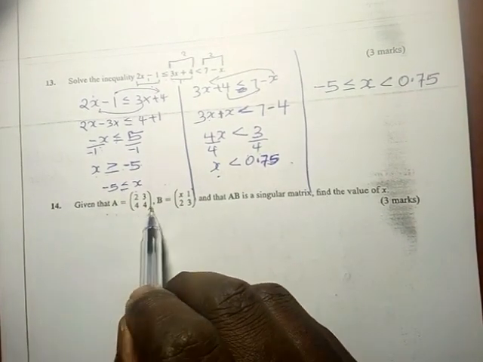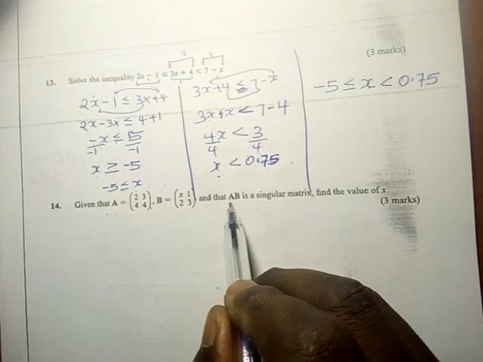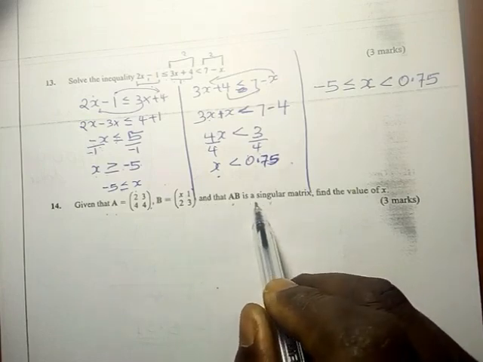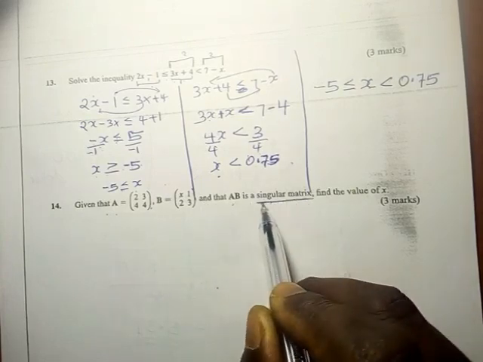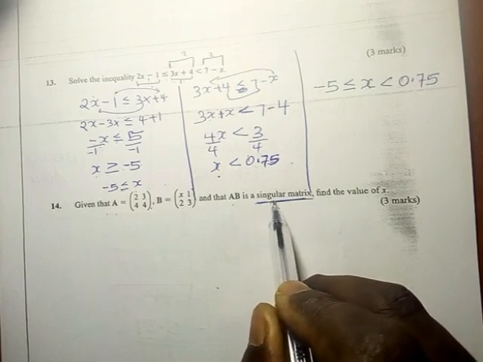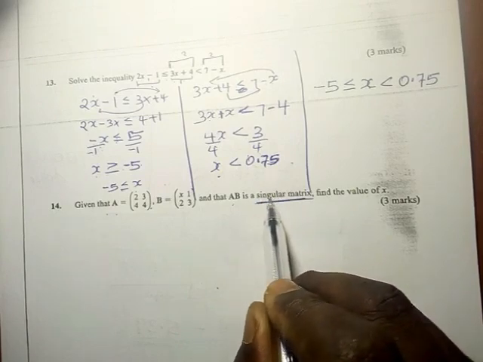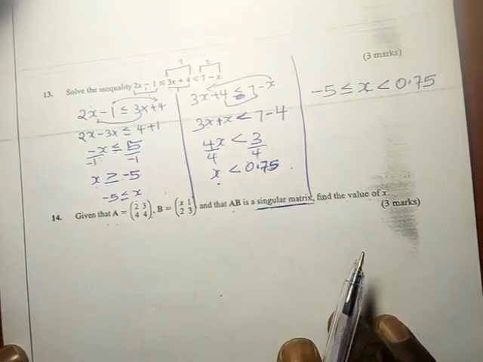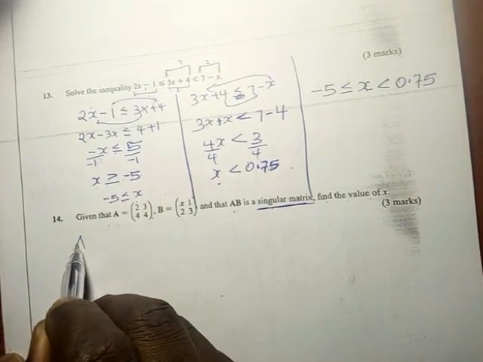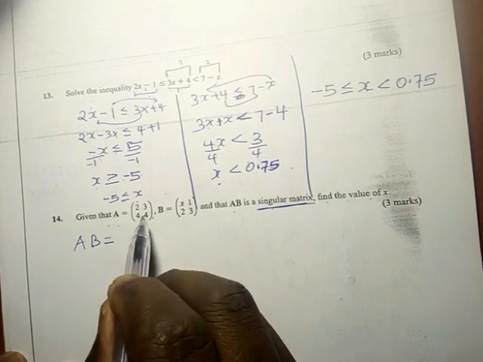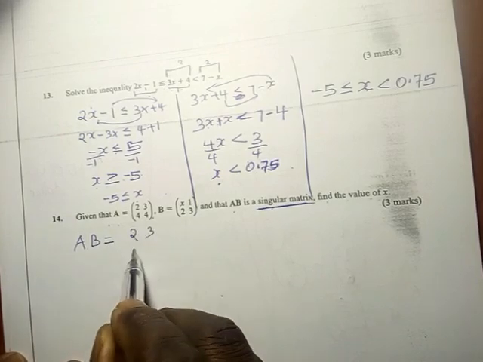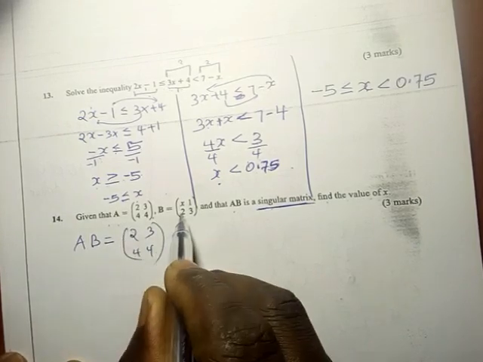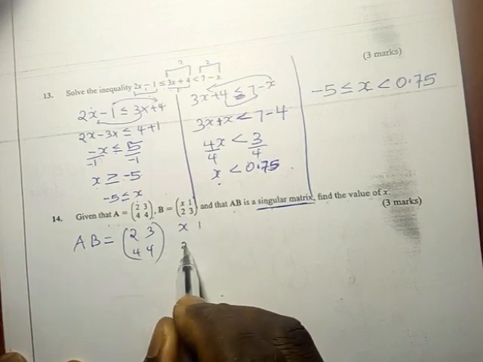Given that A is this, B is this, and the AB is a singular matrix. A singular matrix is a matrix whose determinant is 0. Determinant of a singular matrix is 0. Find the value of x. So AB is equal to 2, 3, 4, 4 times x 1, 2, 3.